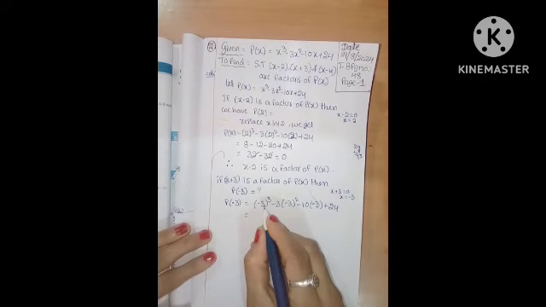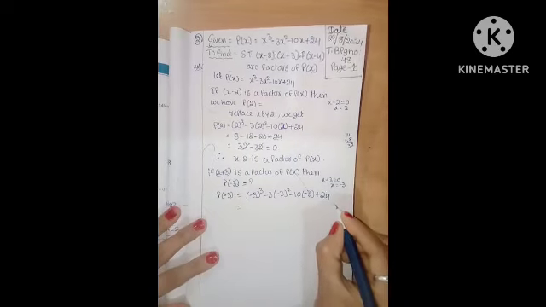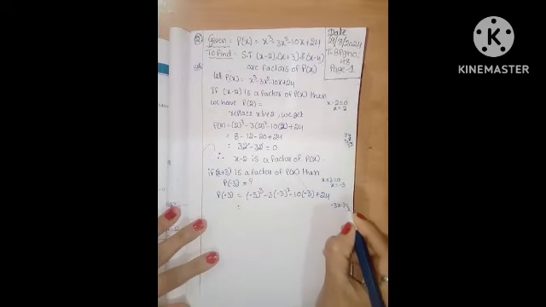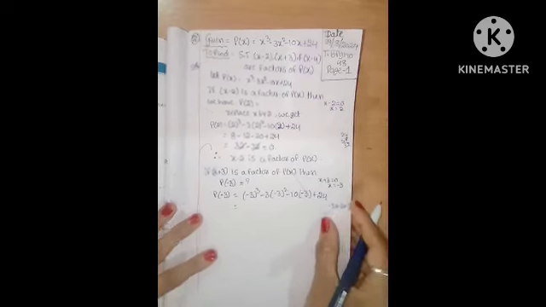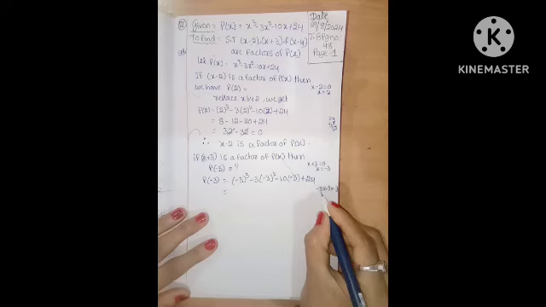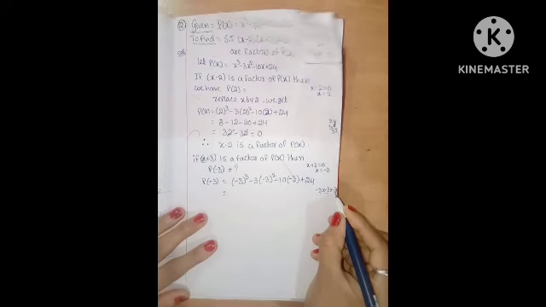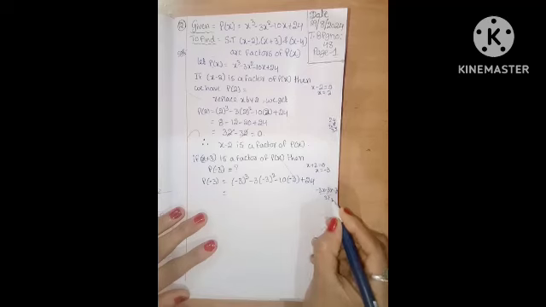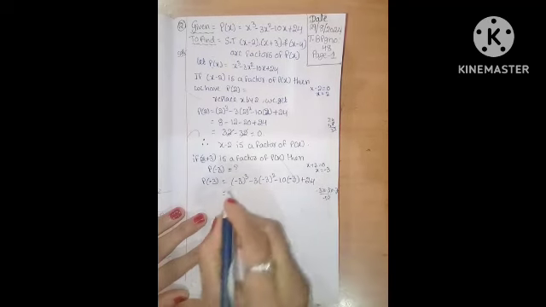Minus 3 whole cube is minus 3 into minus 3 into minus 3. How many times is it multiplied? 3 times, because here it is the whole cube. So 3 into 3 is 9, 9 into 3 is 27. Minus into minus is plus, plus into minus is minus.